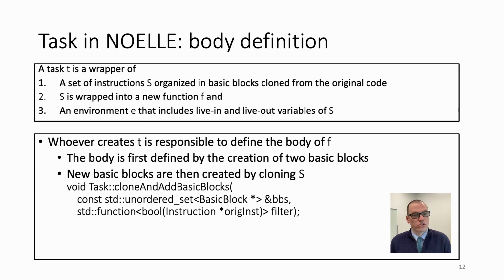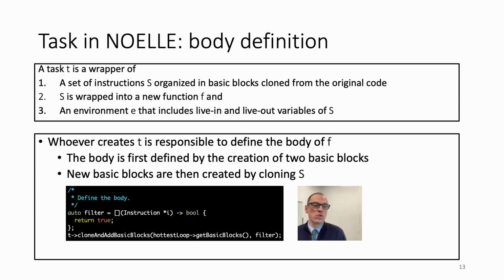Every time the filter returns true, it means you want to add that instruction into the task, otherwise false. For example, to add all basic blocks of an entire loop inside the task, you take the whole loop and outline it into its own function, and that will be the task body.